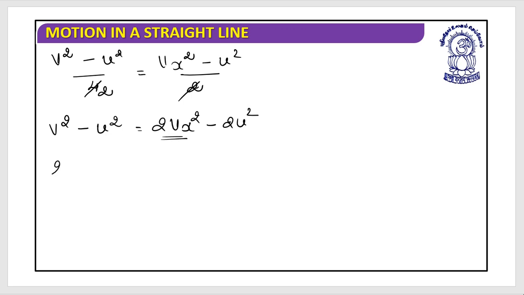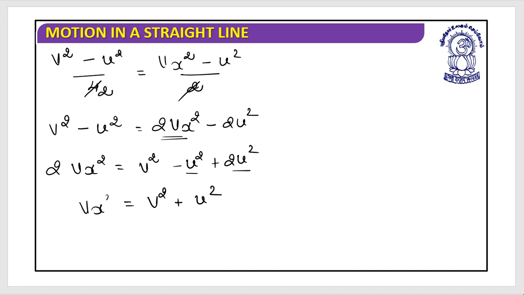I am requiring this. 2 into Vx square should be equal to v square minus u square, this is plus 2u square. This is minus u square. So I can write this as v square plus u square, and if it is Vx square, then this should be divided by 2.